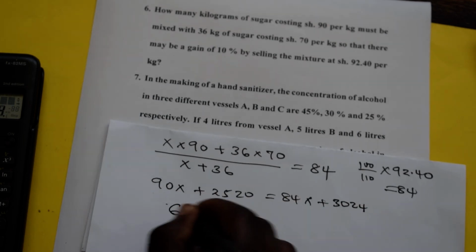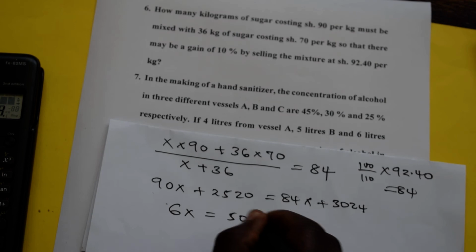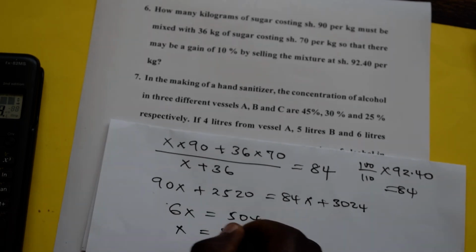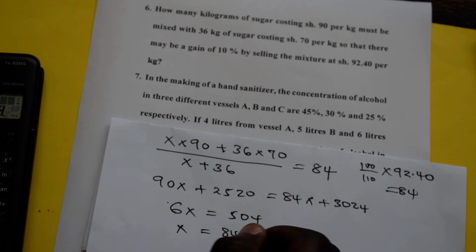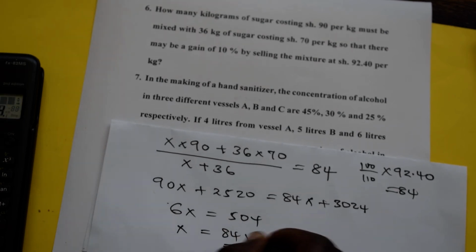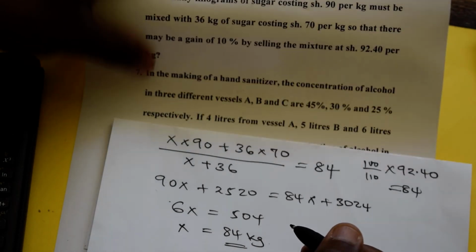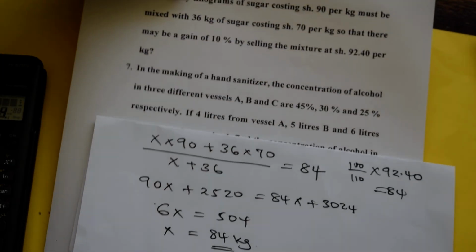So this will give us 6x equals 504, x equals 84 kgs. So the number of kilos will be 84 kgs of sugar costing 90 shillings per kg.